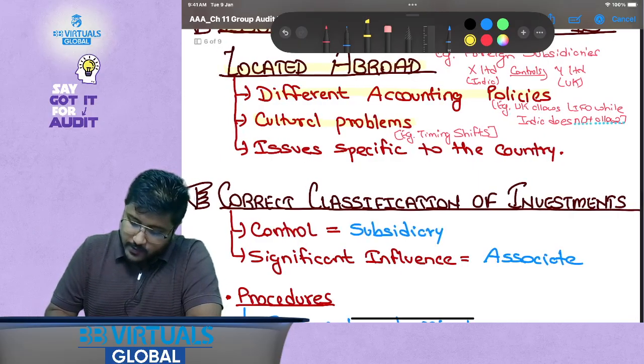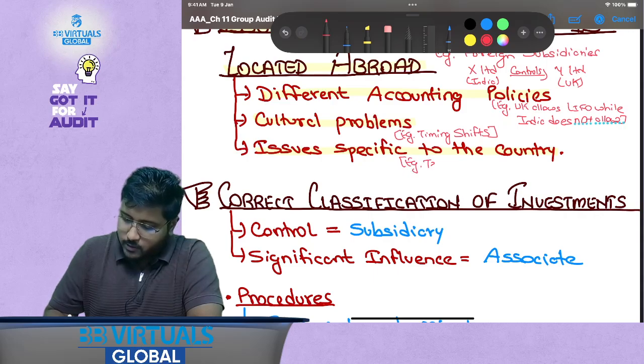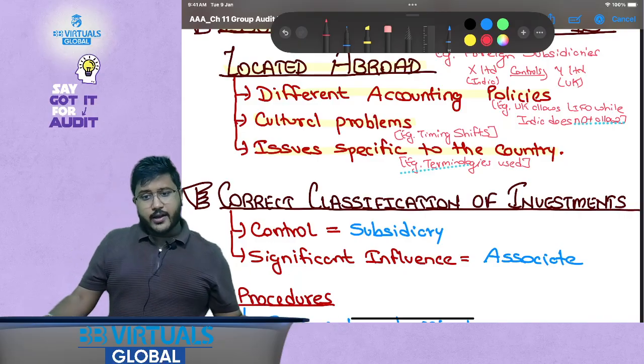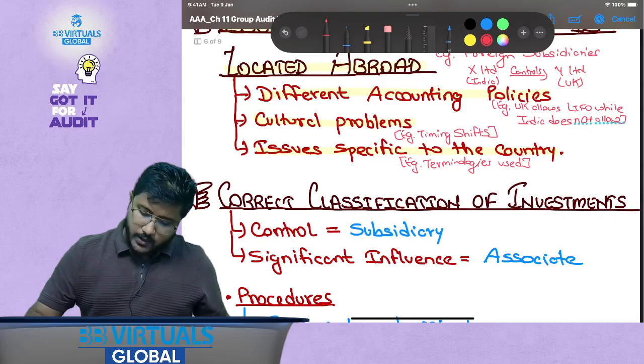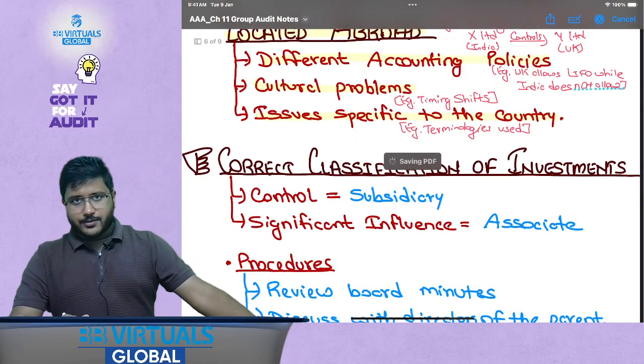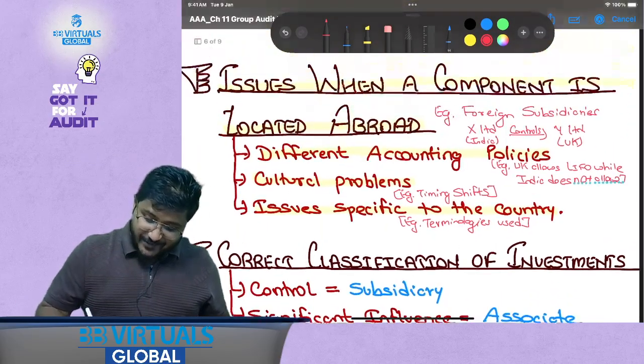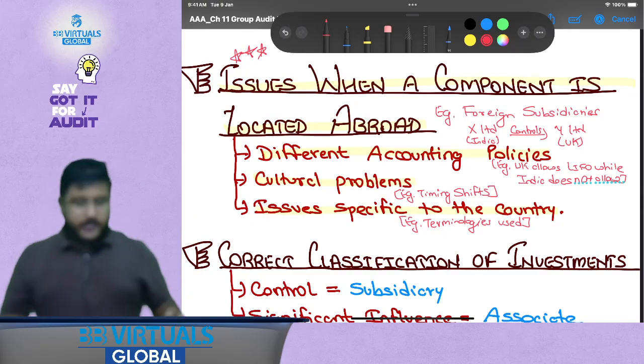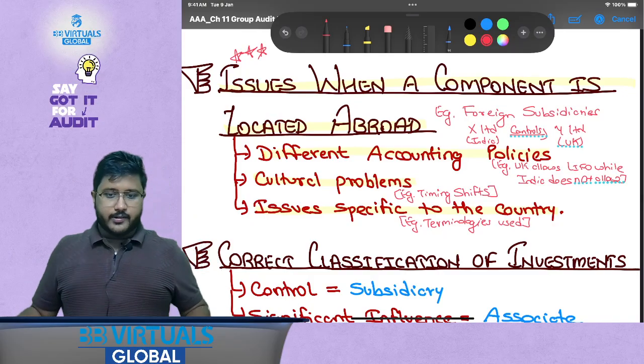Issues specific to the country. Say, terminologies: some terminologies that we are using might be appropriate in India, might not be appropriate in UK, and vice versa also, that might happen, right? So that could be there. Do you need to remember this? Definitely. This is a very, very important question, and this might be asked. Although it looks like a very simple discussion, this is very important for your examination.